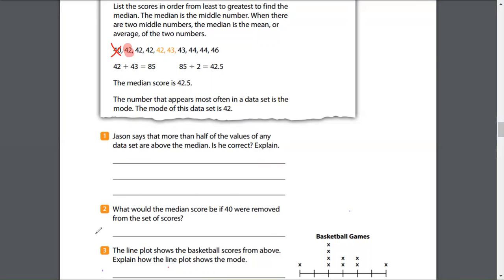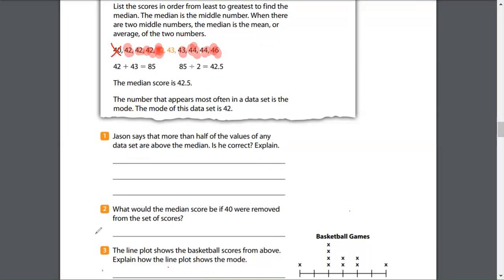So take off 1 here and 1 there. I think we can take off 2 at a time. Then we have 1 more and 1 more. So I've taken away 4 numbers from the greatest scores and 4 numbers from the least scores, and I have 1 left in the middle because now this is an odd data set.